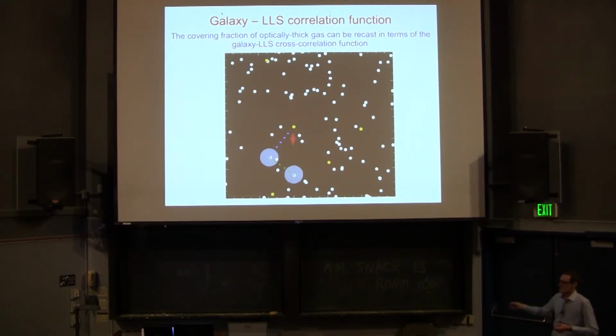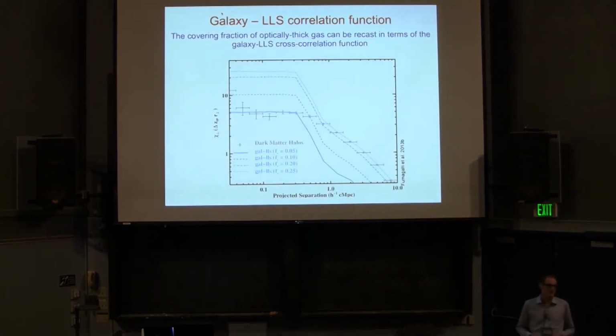And again, around that halo, you have a probability to intersect a Lyman limit system given by how much gas there is around that galaxy. So, not surprisingly, when you do that measurement in a cosmological box, you find these curves here. Every curve is for a different model for how gas is distributed around these halos. But the bottom line is that at small separations, when you look at galaxies and quasars that are separated by a distance comparable to the virial radius, you get the covering factor.